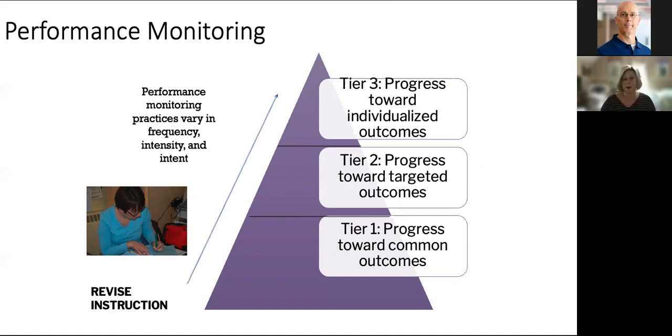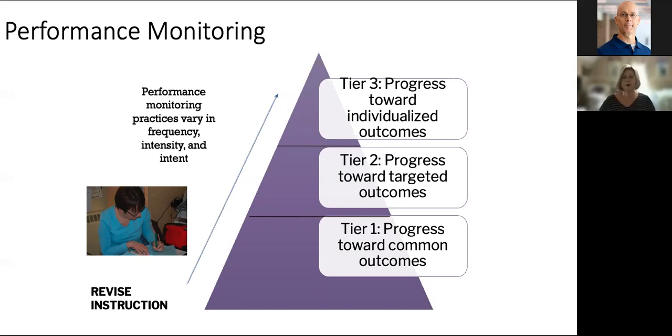If we want to find out how children are making progress on all of the outcomes we are trying to teach, all of the early learning standards, then we might use a curriculum-based assessment at the beginning of the school year and then at the end of the school year to see if children are making progress or not.